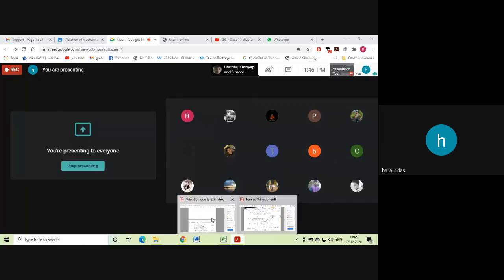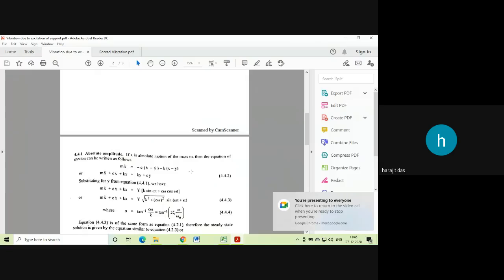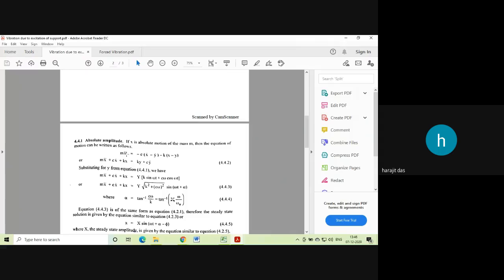So when we put this into Newton's second law of motion, how will the equation become? m·x double dot, the inertia force, equals all the external forces added up on the right hand side.